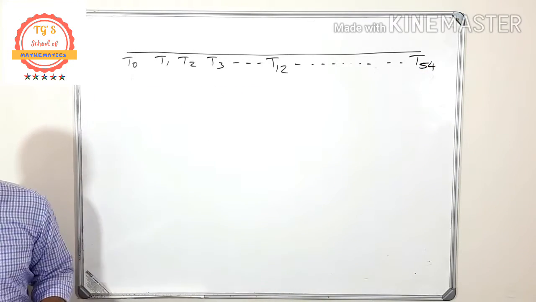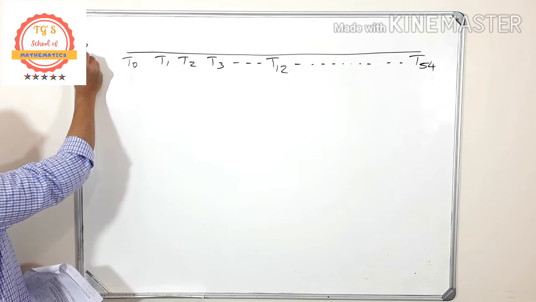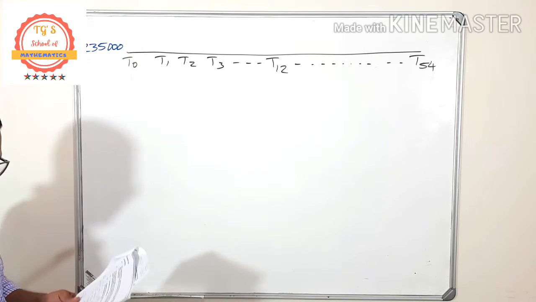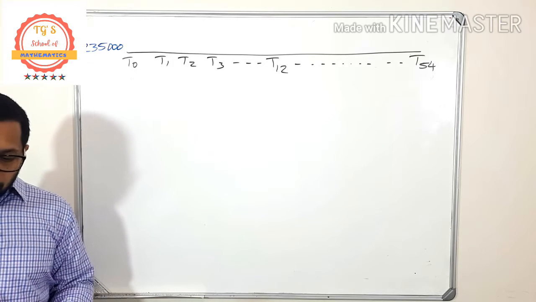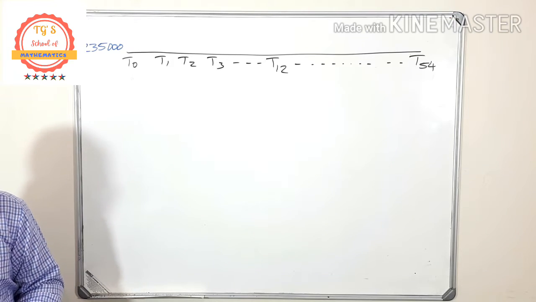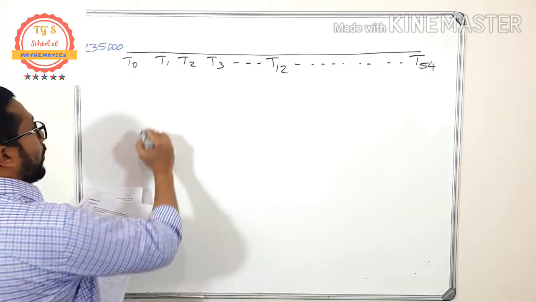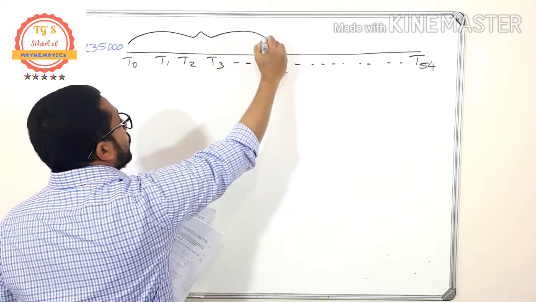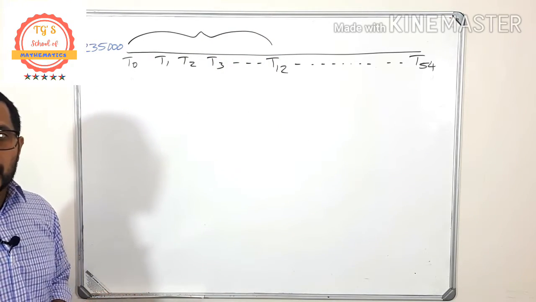Now, how much was the loan? 235,000. So the loan amount was 235,000. So you have to find what is the total amount of interest that Piet will pay during the first year of the repayment of the loan. That means from here to here, what is the amount of interest? That is the question. Okay.